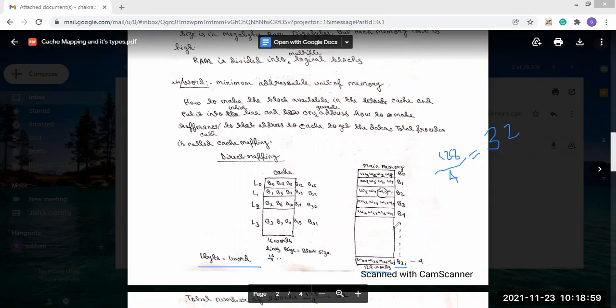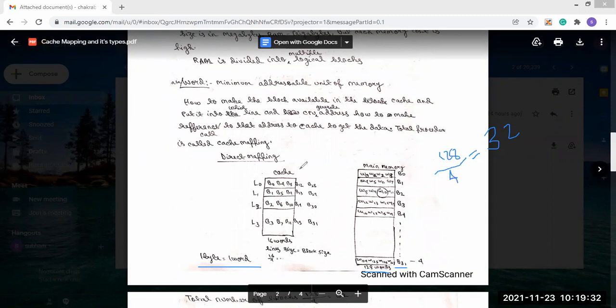Now, in main memory we have seen that memory is divided into blocks, but the cache memory is divided into lines. Cache memory is divided into lines, and main memory is divided into blocks. So that means how to make this block available in the cache, and in which line of the cache this block will be available.